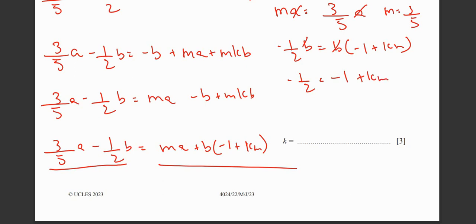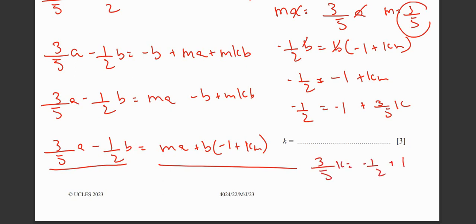Alright. And we already know the value of M. It's 3 upon 5. So it's negative 1 upon 2 is equal to negative 1 plus 3 upon 5 K. Now we need to find the value of K. So we will do 3 upon 5 K is equal to negative 1 upon 2 plus 1.